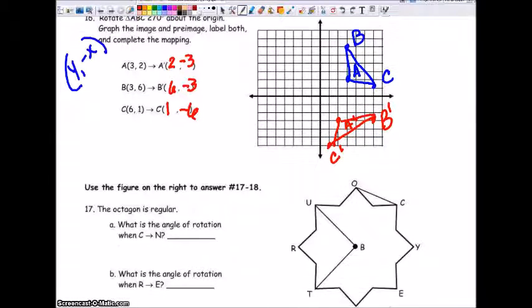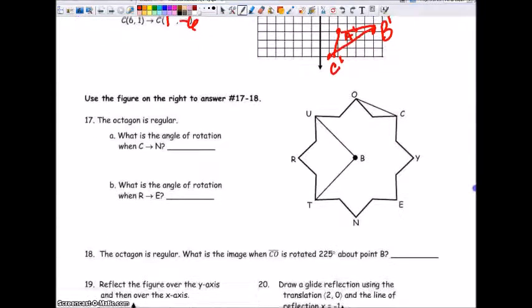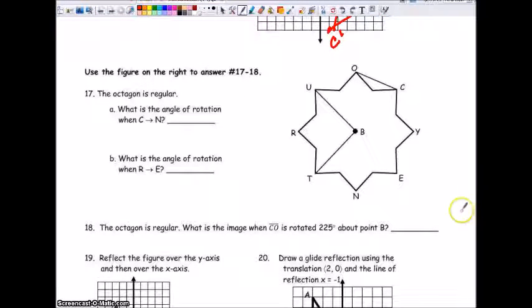Taking you to 17 and 18, the octagon is regular, so the first thing you need to do is figure out the measure of each angle. If it were me, I would extend these lines and go to every point that has a letter. Then you count: 1, 2, 3, 4, 5, 6, 7, 8.